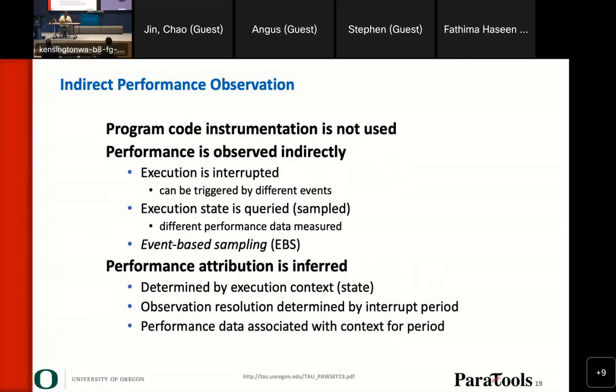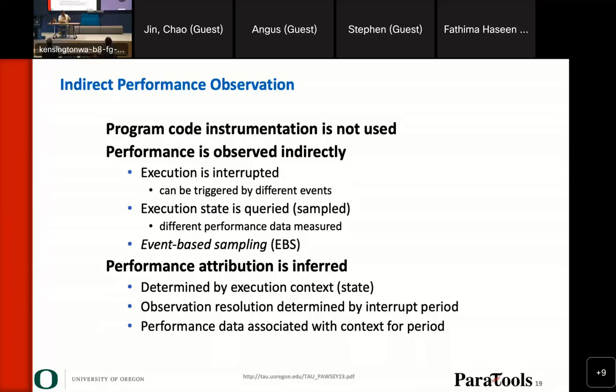We also have support for indirect instrumentation. With indirect methods, you just interrupt the code. How do you interrupt the code? It could be through a timer, a periodic timer. Every 30 milliseconds, the program gets interrupted. When it gets interrupted, you can observe the program counter. You can see how many samples are collected.